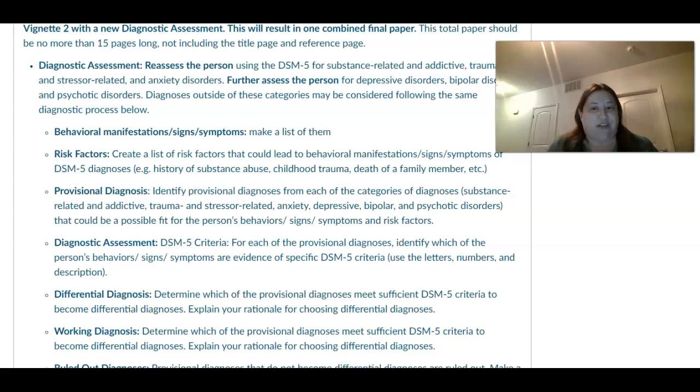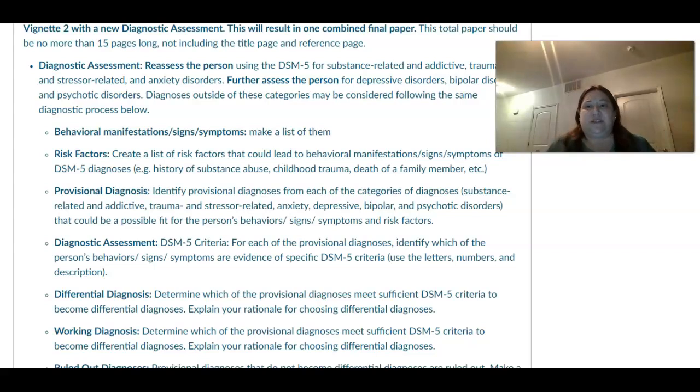The same with the risk factors. Are there additional risk factors that you had not thought about because you weren't thinking that the diagnosis could be something from one of these new categories? So you weren't thinking that it could potentially be depression, but now you've read about depression, and you've realized that the client had talked to you, or you read that somebody, like a parent, had depression, and so now you're thinking, well, that's a risk factor as well.